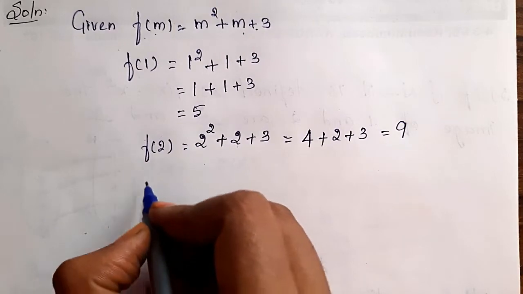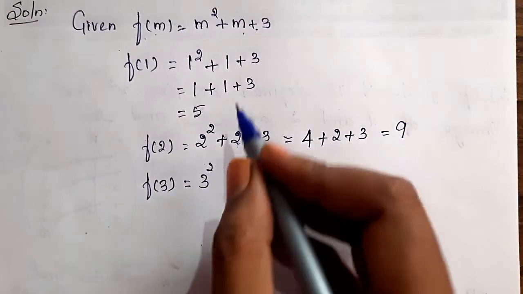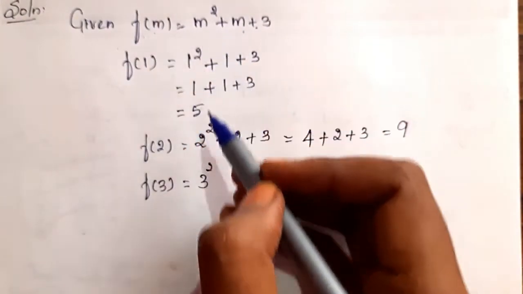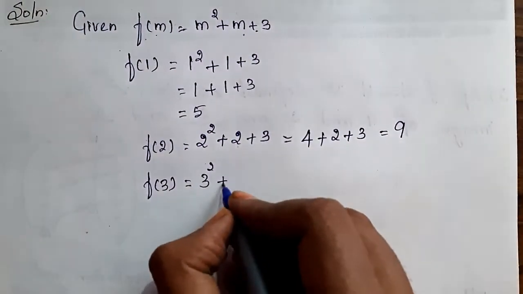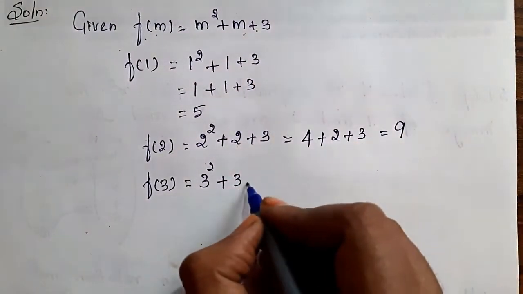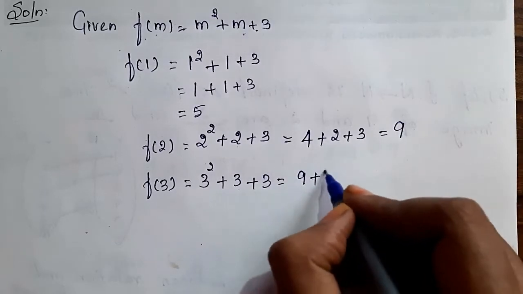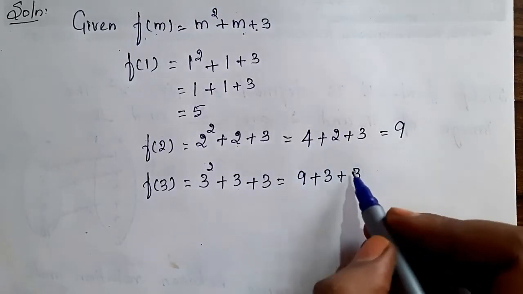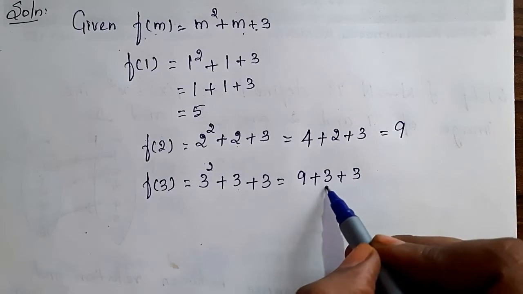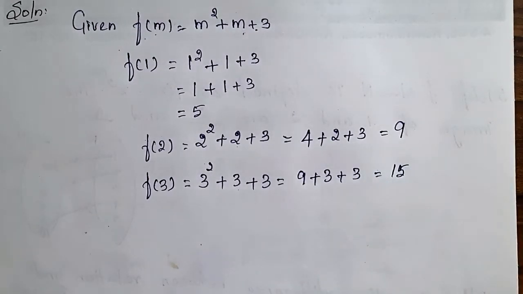Next we apply 3. So f of 3 equal to 3 square plus 3 plus 3, because it is m. 3 square is 9 plus 3 plus 3. 3 plus 3 is 6, 6 plus 9 is 15.